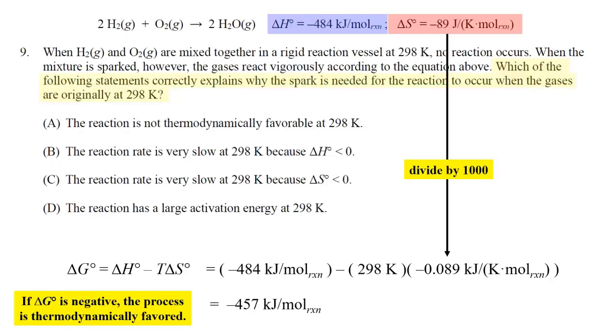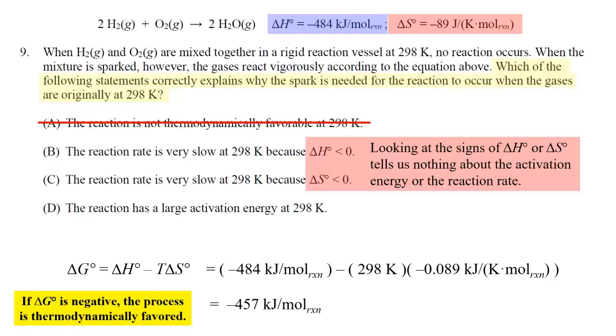So I can eliminate choice A, which says that the reaction is not thermodynamically favorable. So that's false. Now, moving on to choices B and C, they talk about the reaction rate is very slow. Is it because delta H is negative? Is it because delta S is negative?